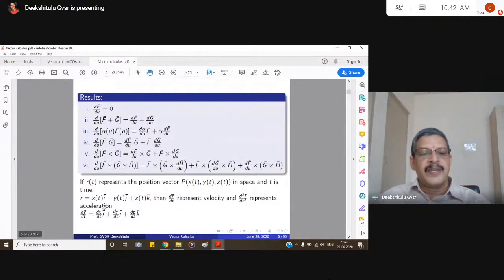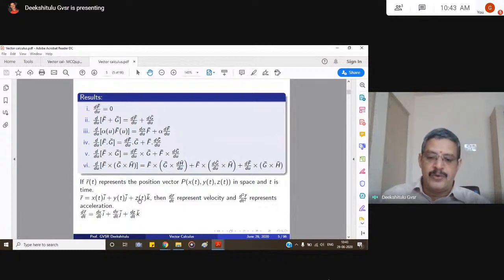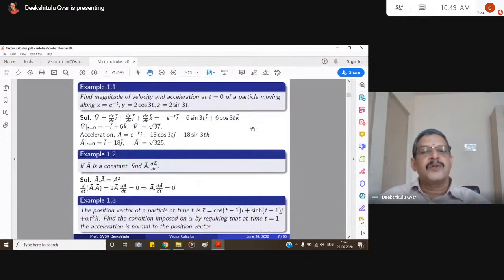R bar is xi plus yj plus zk. Here x, y and z are given, so your R bar is e power minus t i, 2 cos 3t j, 2 sin 3t k.